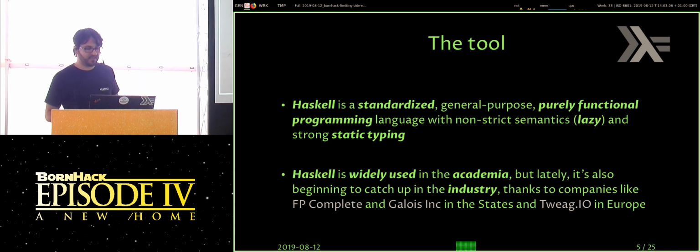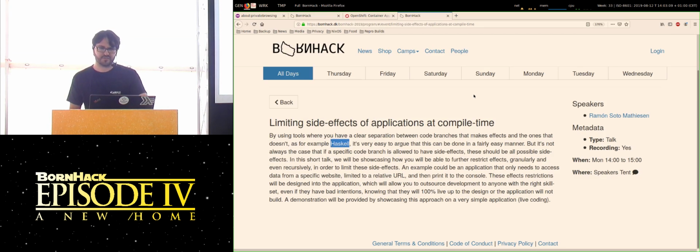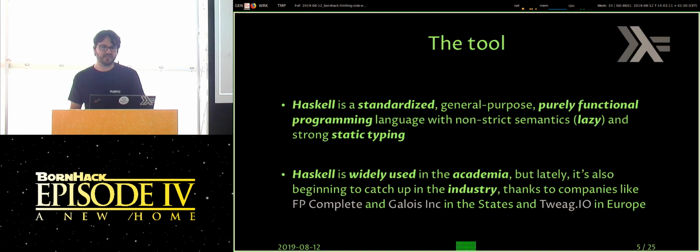So, as I mentioned in the synopsis or description of the talk, I mentioned this tool called Haskell, and if you take the definition from Wikipedia, it's a standardized, general purpose, purely functional programming language, which is lazy and strongly typed. Some of these words might sound familiar, but I would guess that both lazy and purely functional might sound a bit like, wow, what is that?